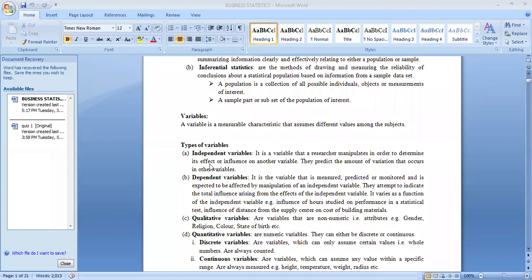So the inputs are normally referred to as the independent variables because they are going to drive the dependent variable. Here, the amount of harvest is dependent on the independent variable, which is the input.